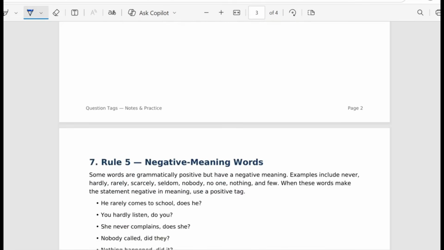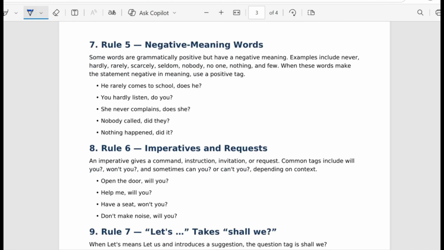Then another rule number 5 says that negative meaning words. If there is a statement that is having a negative word, the tag should be positive. So some words are grammatically positive but have a negative meaning.